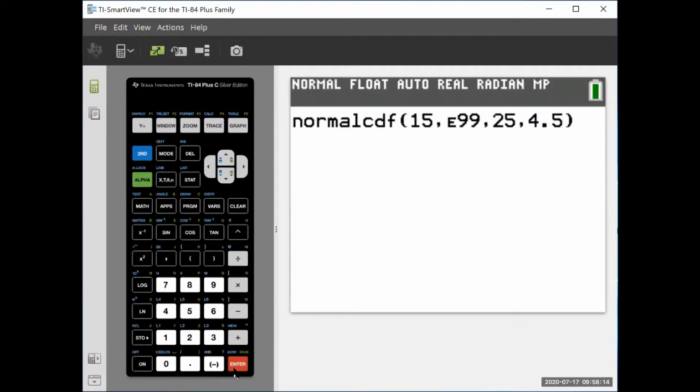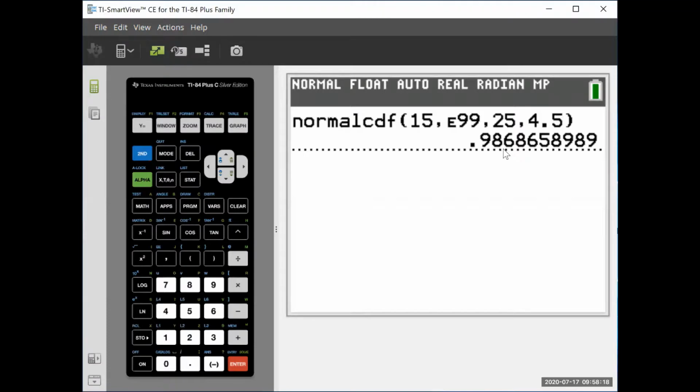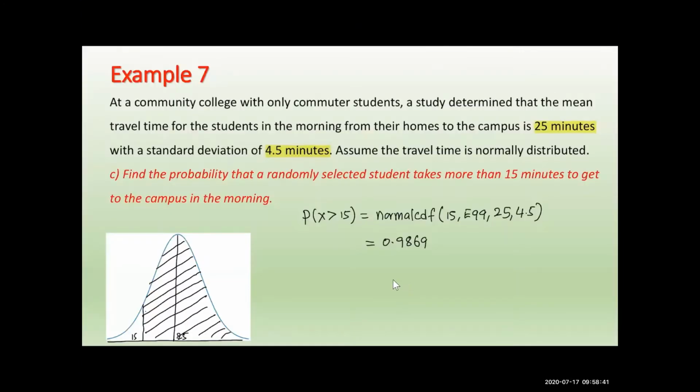Then hit enter to get the result, which is 0.9869 if you write it up to 4 decimal places. So the probability that it takes more than 15 minutes is 0.9869.